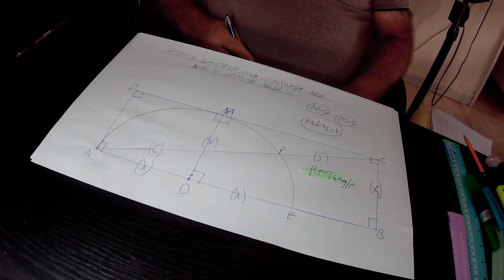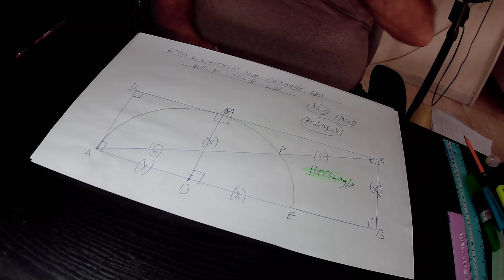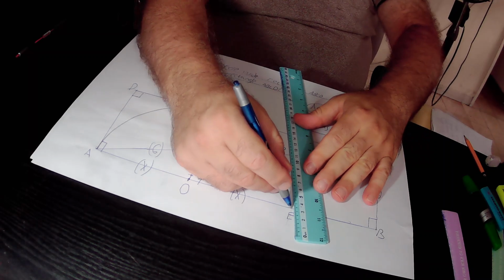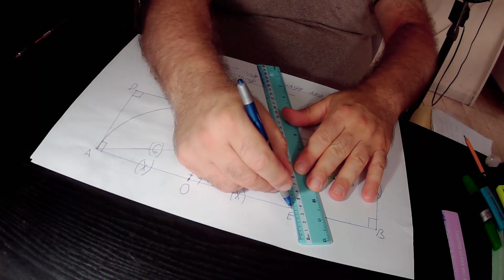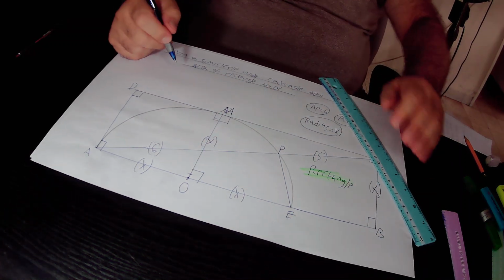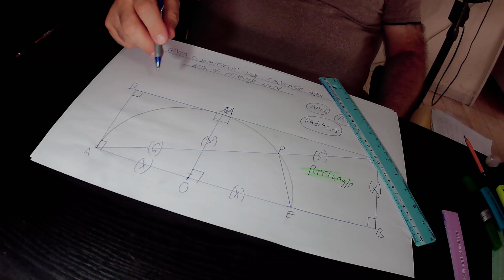In the next step, we join points E and P together by a straight line. By joining points E and P, we create here peripheral angle APE.